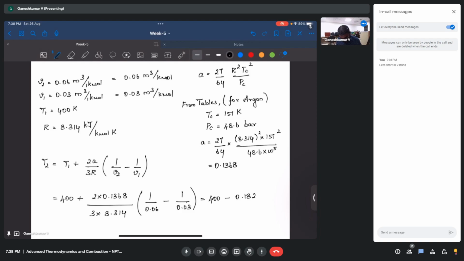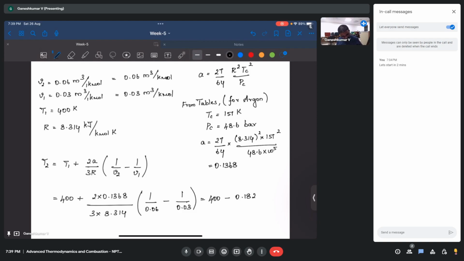It's going to be 10 power 3, 10 power minus 3, 1 by 10 power minus 3 into 10 power 3, into 2 into 0.1368 divided by 3 divided by 8.314 divided by 10 power 3.